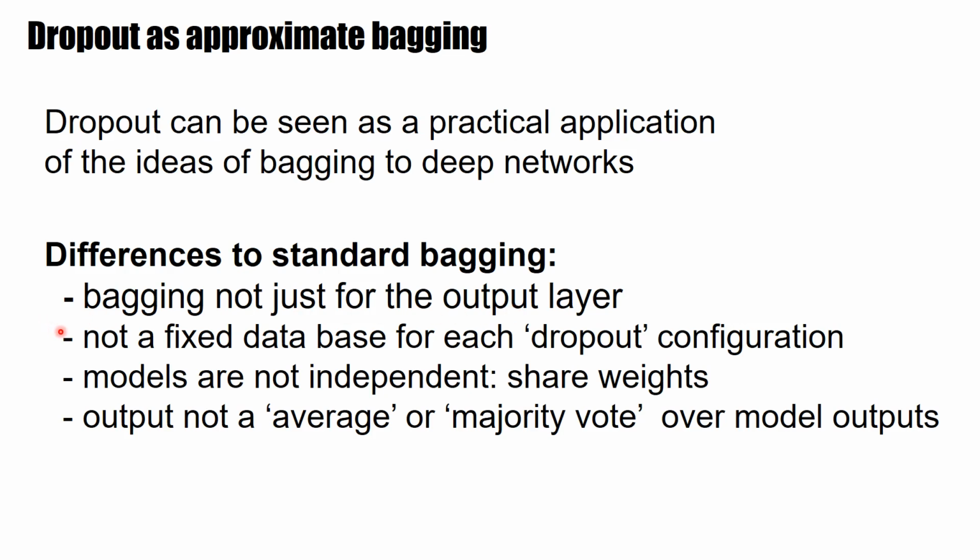Second difference. Normally, each configuration of bagging, each of the k repetitions of the models, would be trained on a different but fixed database. That's not the case for Dropout. We have many different Dropout configurations. If you imagine that you have n hidden neurons, you randomly suppress half of them, well, try to count the different configurations.